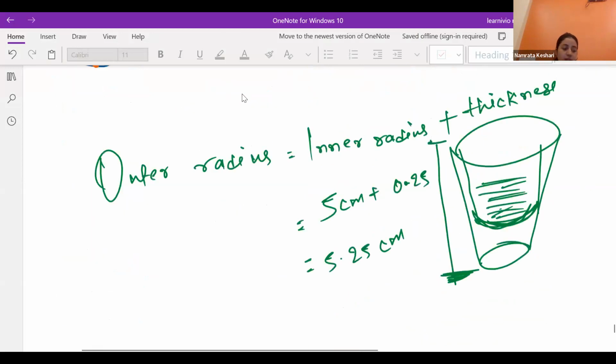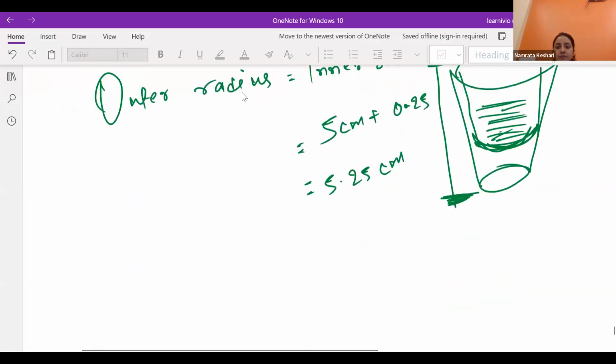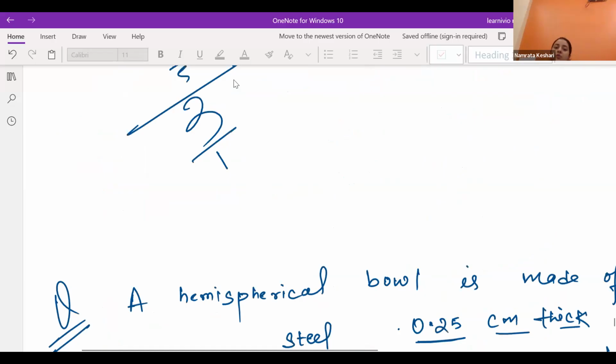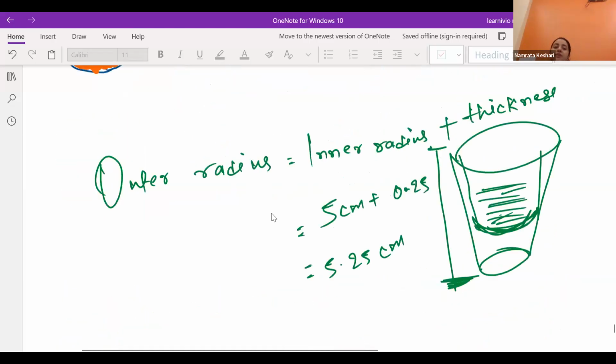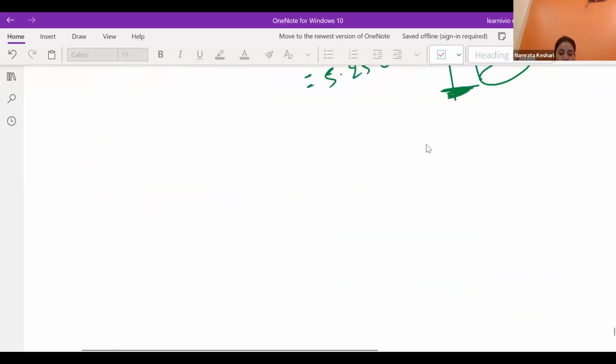We'll be finding 2 pi r square only, not 4 pi. It is a hemispherical bowl, so we'll be doing 2 pi r square. R we already know is 5.25, and we can find the outer surface area from there. You have got 173.25, right? Yes, ma'am. Okay, so it will be 173.25. Let's do the next one.